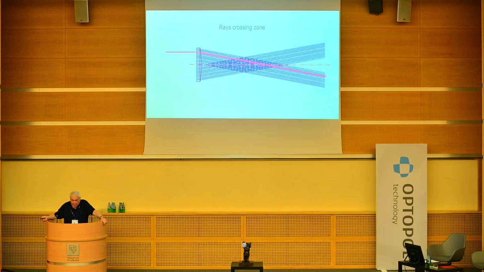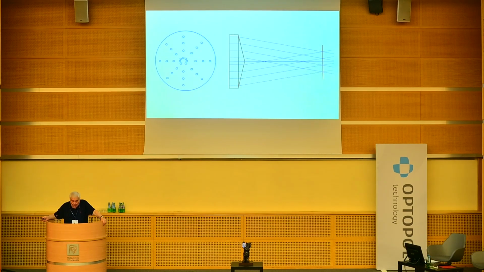The cross point, if you take a ray and you take another ray, they cross in some point. And now the configuration was proposed, which works like this. You have two rays crossing in the plane. You see the plane where they cross. You move these 2 points, but the crossing is in the same plane.